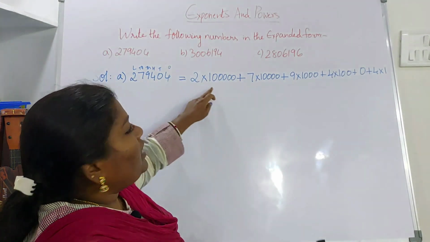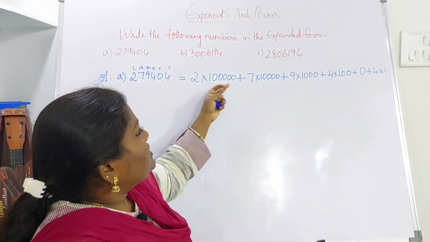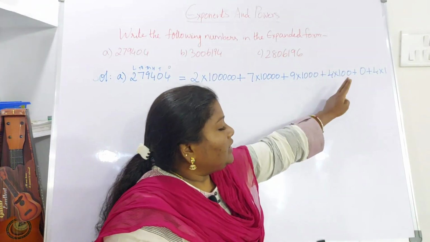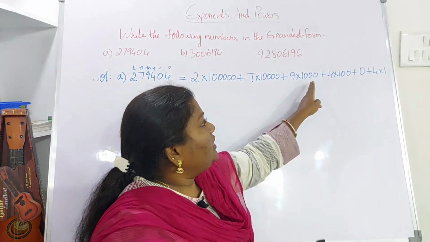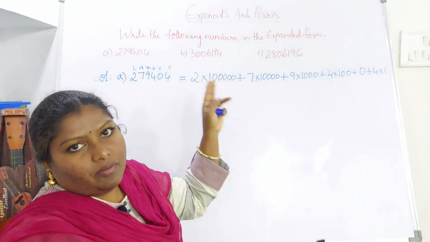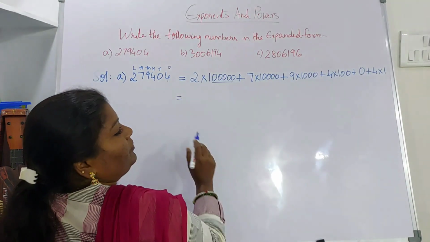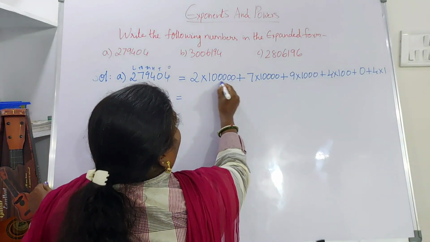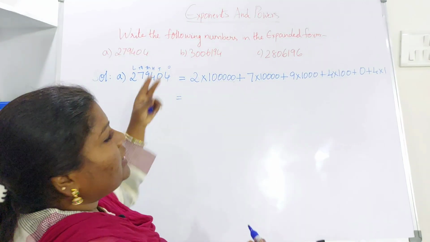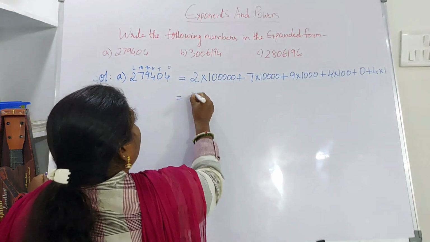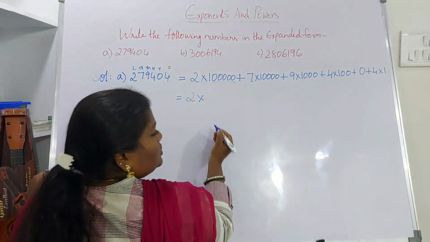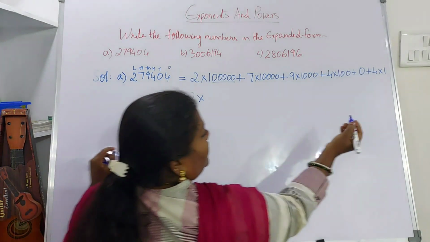So here we are going to write these 10, 10,000, 100,000, these all in the power base form. So here we are going to write this 1 lakh by using an exponent. So 2 into 1 followed by 5 zeros, this can be written as, let me explain.